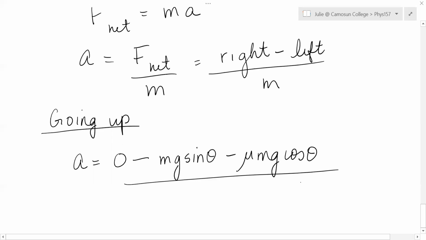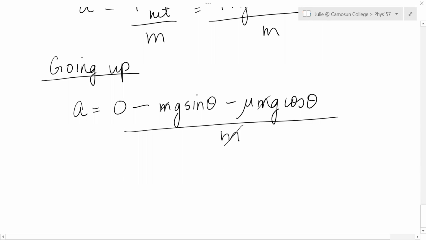And then you divide all that by m. So notice how m doesn't even matter. Didn't even have to tell you what the mass was. And so we can get the acceleration, and it's negative because the acceleration is to the left. So it's equal to minus g times sine theta plus mu cos theta.